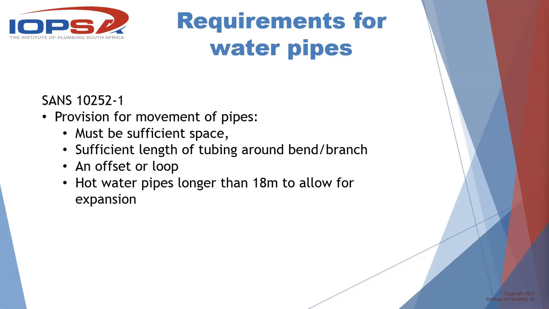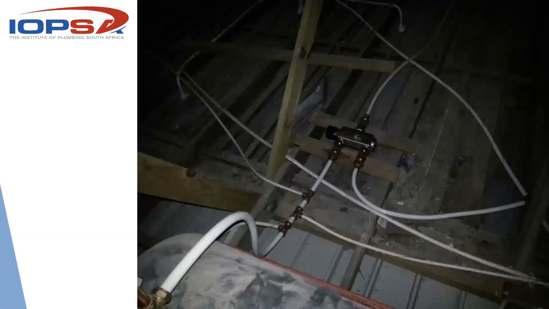This you can find in section 8 of 10252 stroke 1. They detail a number of ways in which you can allow for expansion and contraction, as well as the bracketry for it. Hot water pipes longer than 18 meters need to allow for expansion.